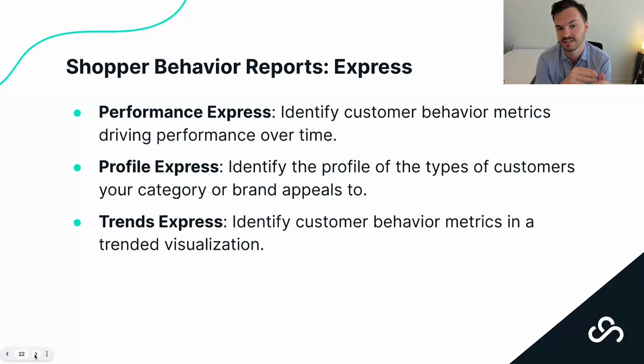Profile Express, this is how you kind of identify or locate the profile of the types of customers your category or brand appeals to. And all of these can be combined with and limited, like any report can, to an individual SKU or something like that as well.